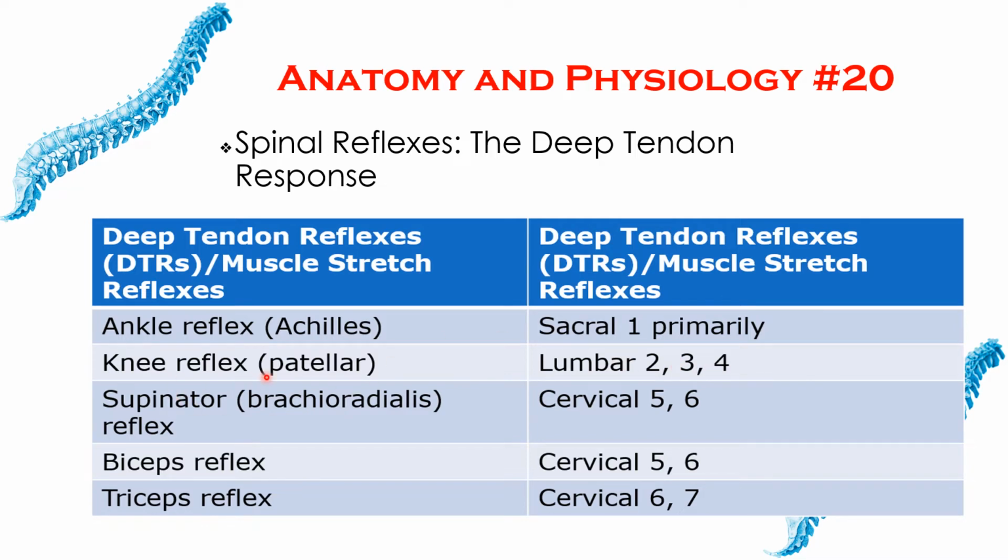For the knee or patellar reflex, the spinal levels are lumbar 2, 3, and 4. For the supinator or brachioradialis reflex, it is cervical 5 and 6, the same with the biceps reflex. While for the triceps reflex, the levels involved are cervical 6 and 7.